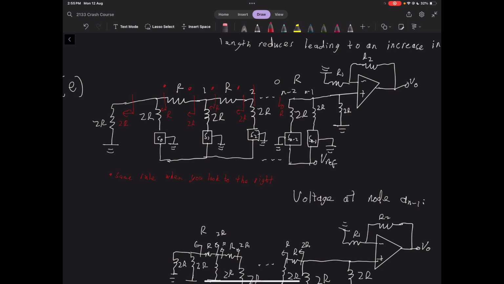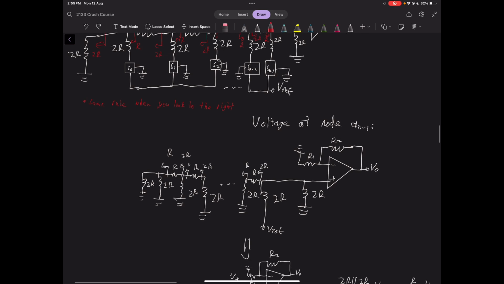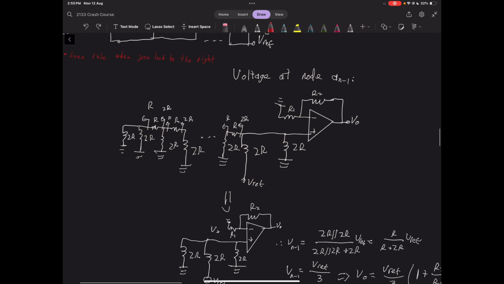And the same rule applies looking to the right. There should be a R resistor here as well. So if we're looking to the right, this is going to be 2R, and that's going to be R. This is a very handy trick. You can just memorize this and use this to take any part of this circuit to the left here, whatever you want, and just replace it with their respective resistances. But we will try and derive some of that rule today.